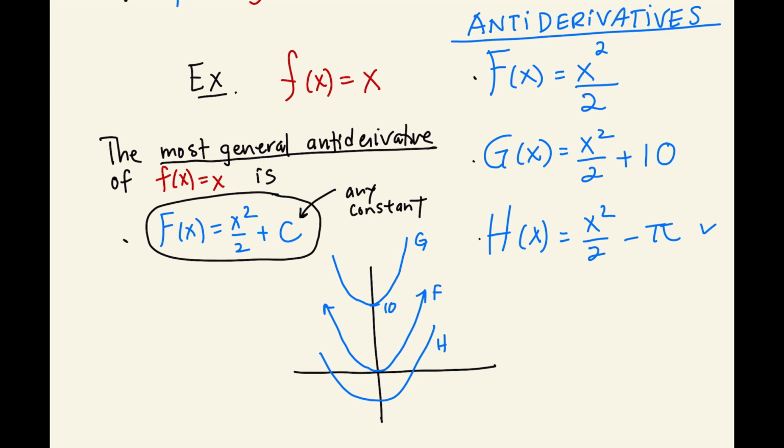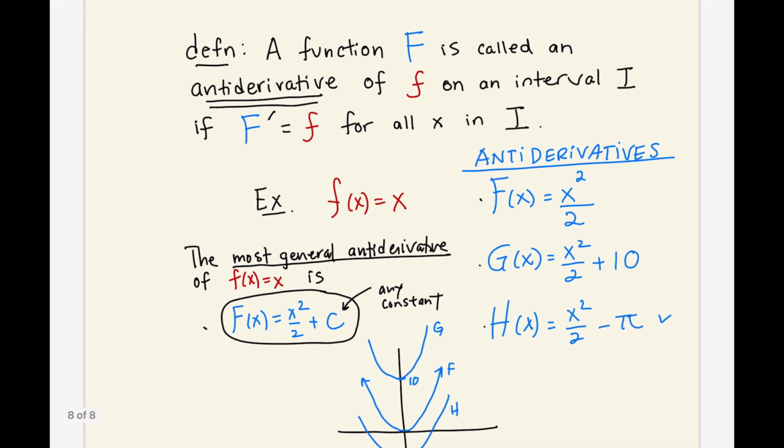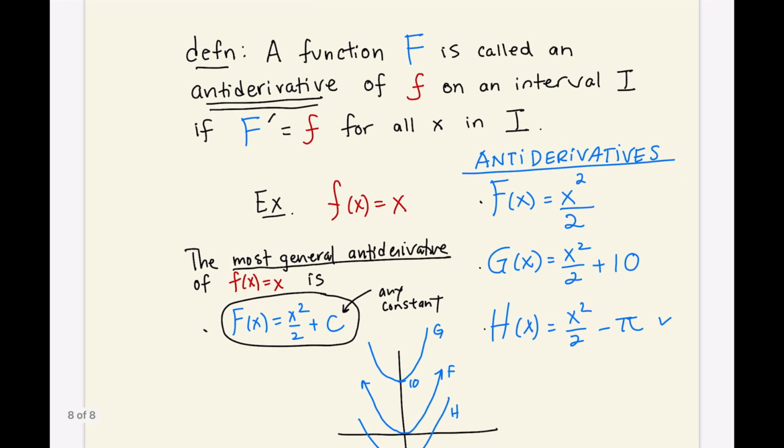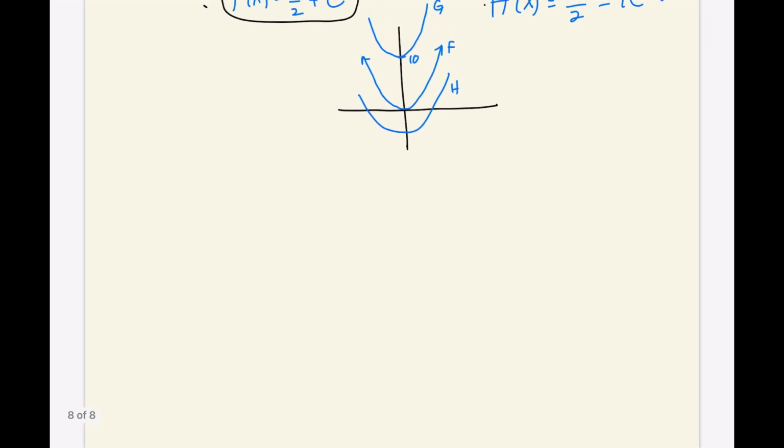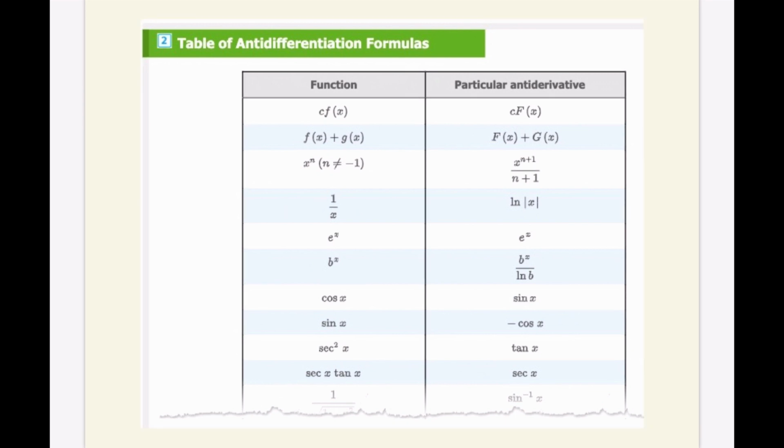So you might be wondering, well, how do I find antiderivatives? You don't really have to know anything that you didn't know before. In order to calculate antiderivatives, you just have to know how to differentiate, and then you just go in the opposite direction. So instead of differentiating, now you're going to move in the opposite direction, and you're going to ask, what function did I take the derivative of?